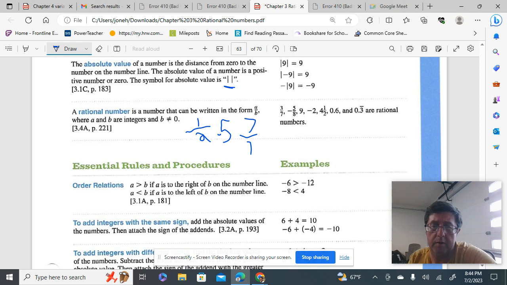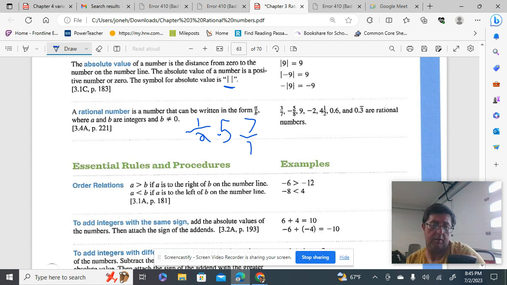Now, trying to think. If a number is divided, so say you take 7 divided by 22, that actually is a repeat.